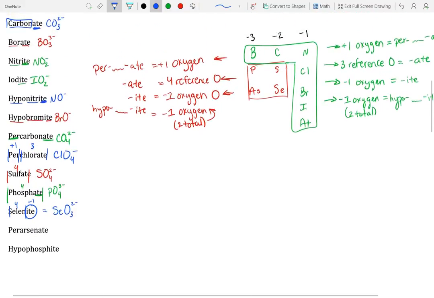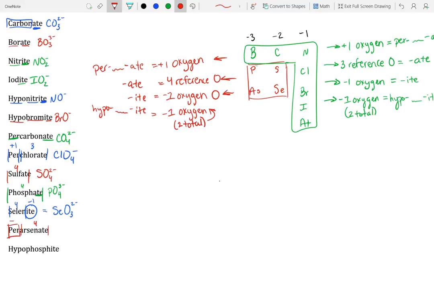Now perarsenate. Okay, so where's arsenate? This is the root, arsenate. So what does arsenate have? Well, you see it's right here. It's inside the box, so it should have 4 reference oxygens. So we have a 4 right here. And this per, let's identify what this per means.